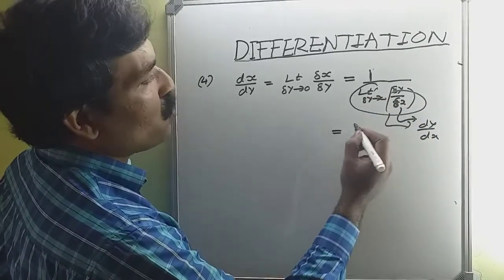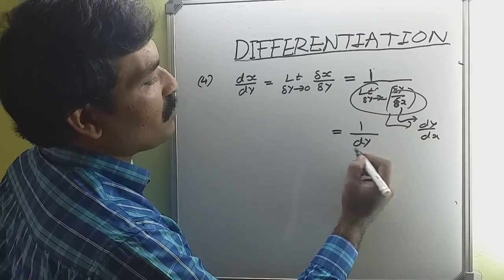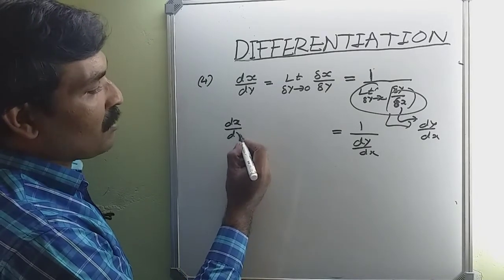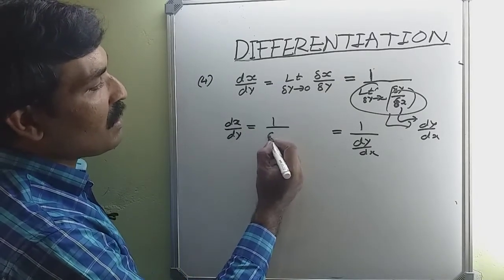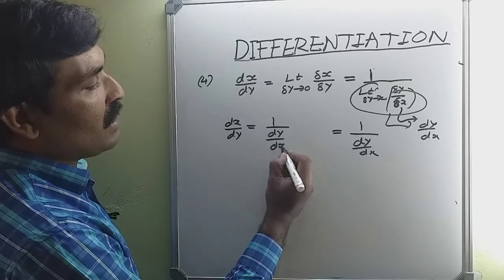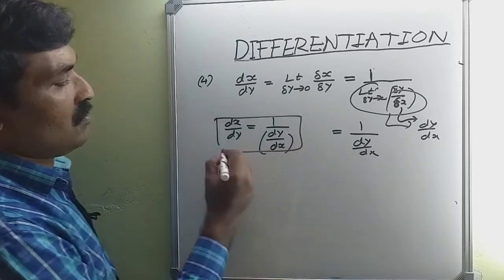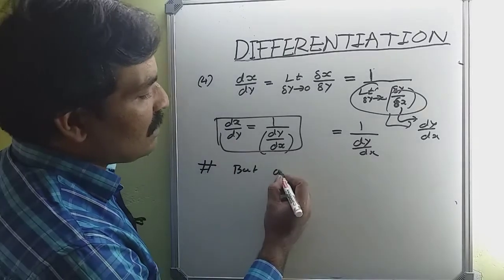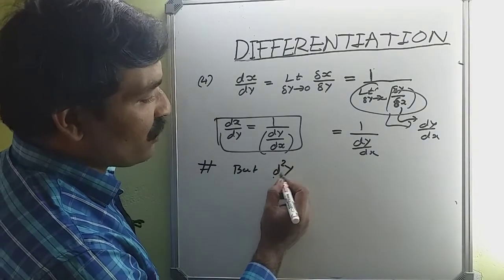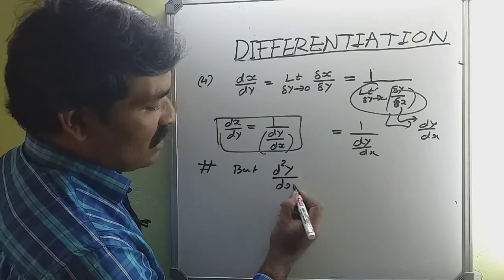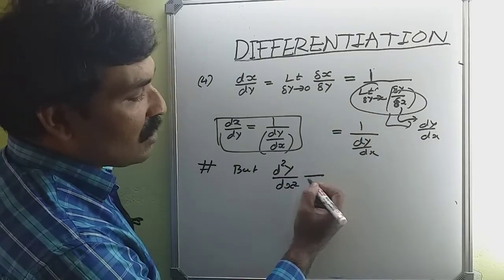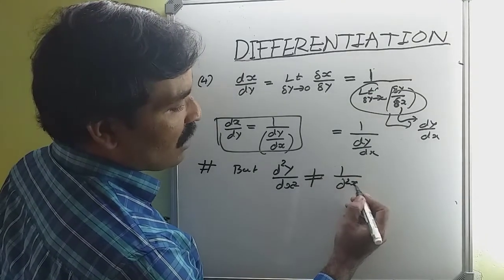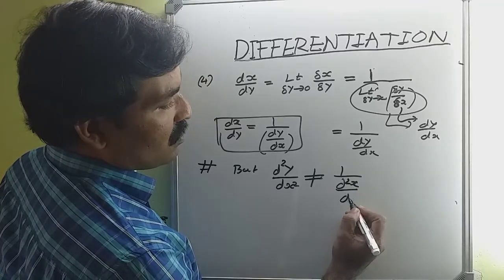So this is equal to 1 by dy by dx. That implies dx by dy is equal to 1 by dy by dx. But d square y by dx square, that is the second derivative of y with respect to x, is not equal to 1 by d square x by dy square.